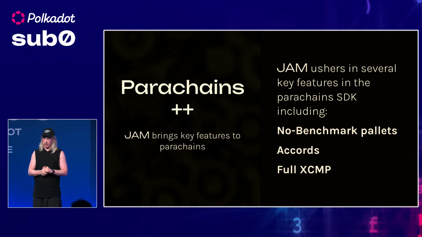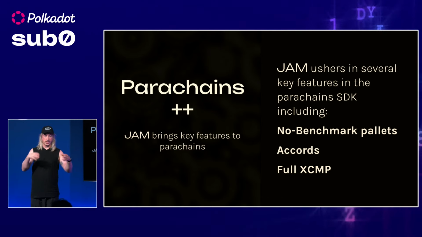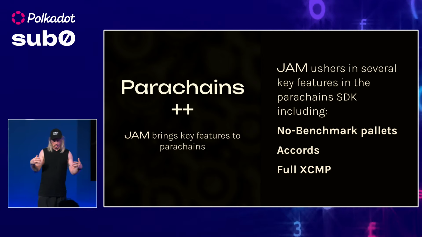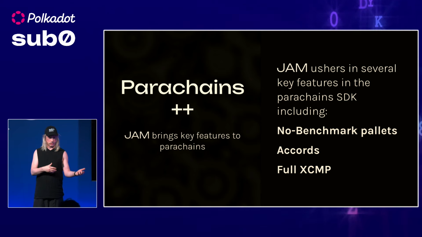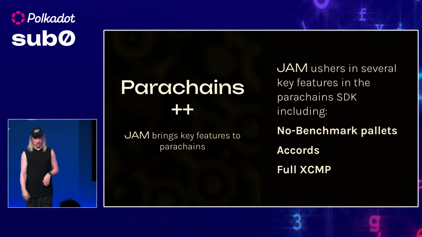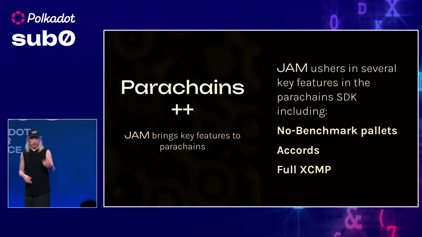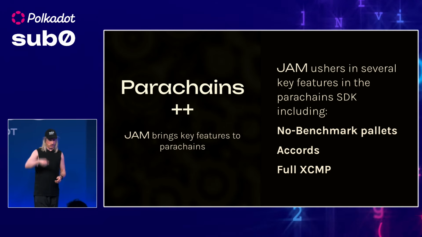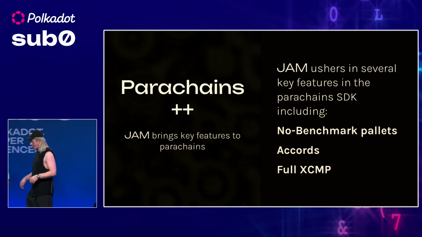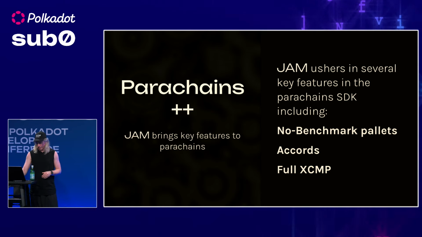It brings the possibility of having multi-instance, multi-sharded smart contracts to police and enforce certain rules of interaction between parachains, accords. And it would necessitate, I don't want to say deliver, but necessitate full XCMP, which basically means lifting that limit on how much information can be passed between parachains, usually using XCM.